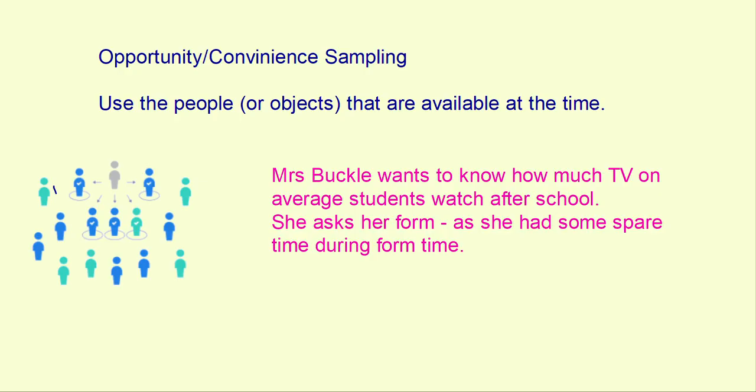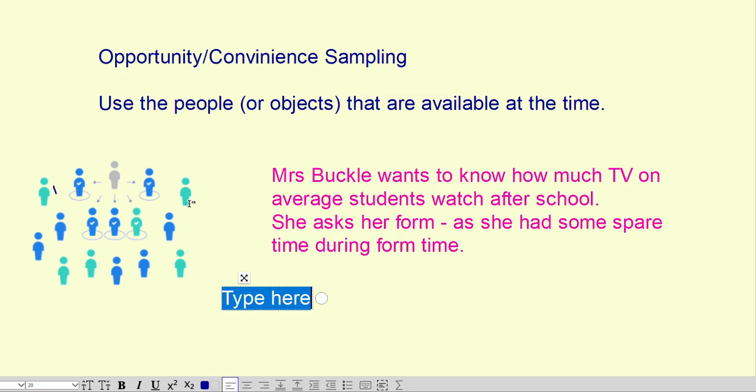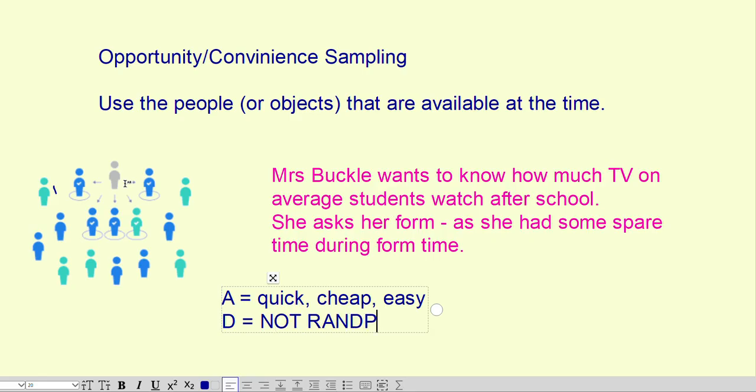Let's think about the advantages and disadvantages of opportunity sampling. Advantages, if we write A for advantage, it is quick, isn't it? It's cheap and it's easy. Big disadvantage though, it is not random, not being collected fairly.